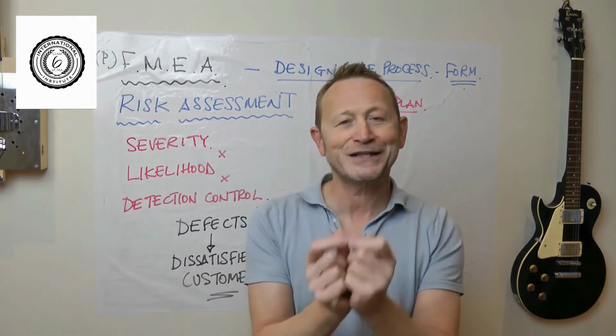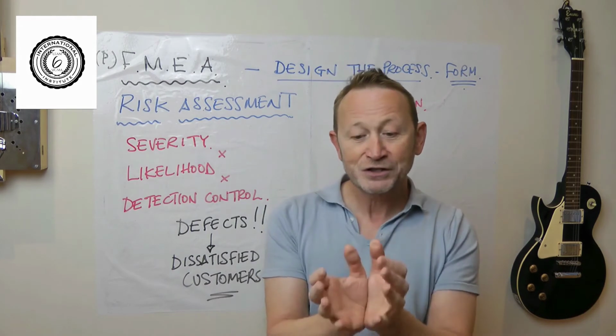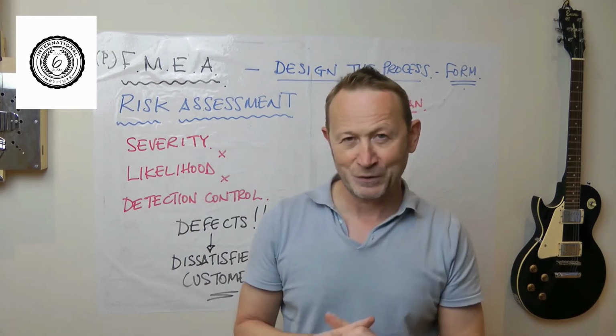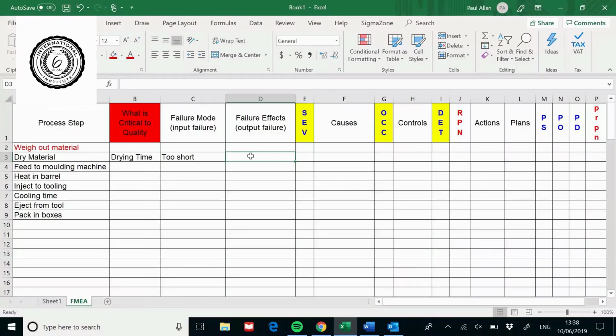Because if you put the wrong thing in the wrong box here, under the output failure, let me just enter something in the output box a second. We'll come back to this now. So I'm going to get white marks in the molding, and then maybe in brackets, high scrap.